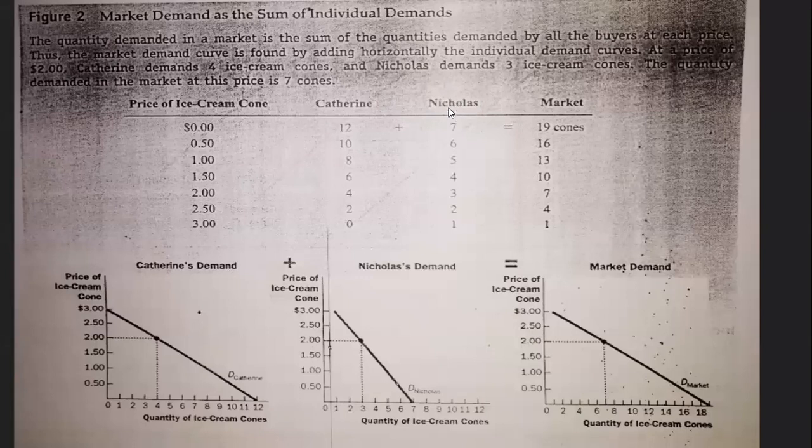Here, we can see that at $0, Catherine demanded 12 cones, and Nicholas demanded 7 cones. At 50 cents, Catherine demanded 10 cones and Nicholas demanded 6 cones. At $1, Catherine demanded 8 cones and Nicholas demanded 5 cones, and so on.